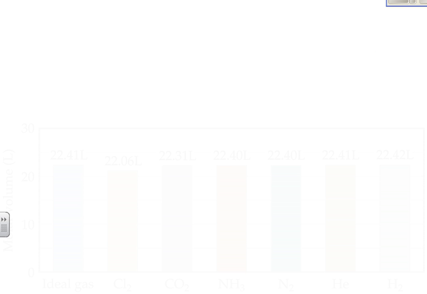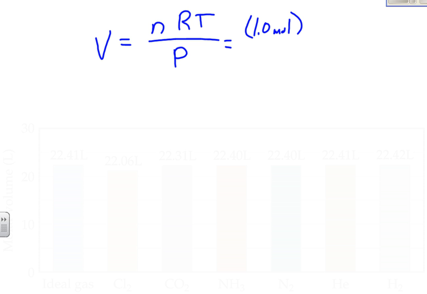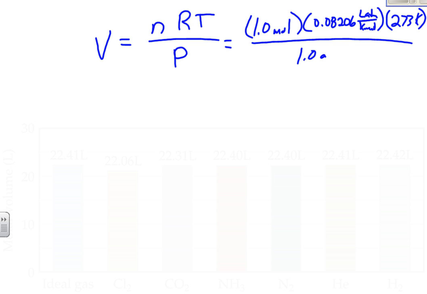Now, if we rearrange that equation for volume, we get volume equals nRT over P. And if we put in 1.0 moles for our number of moles, R 0.08206 liter atmospheres per kmol, T, we're going to use standard temperature, 273 Kelvin, and standard pressure, 1.0 atmospheres.